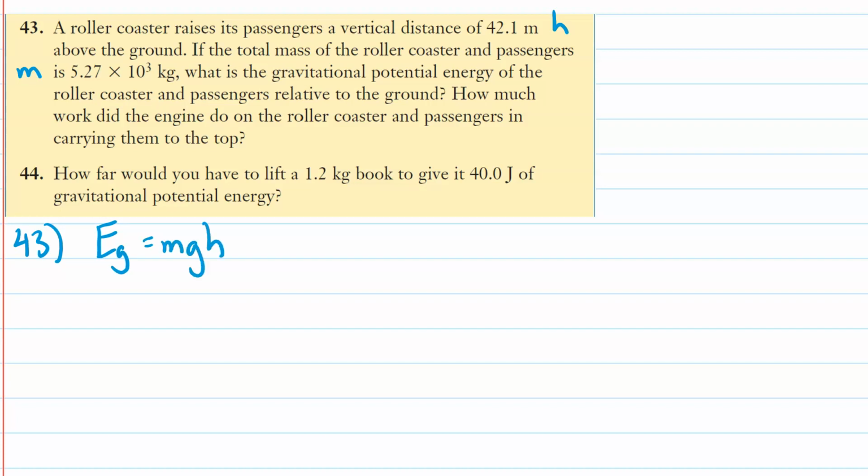We know the equation for that. Let's plug in the numbers. Mass is 5.27 times 10 to the 3 kilograms. To be clear, that is a 5. G, since we're on Earth, is 9.81 meters per second squared. And the height we're talking about relative to the ground is 42.1 meters.